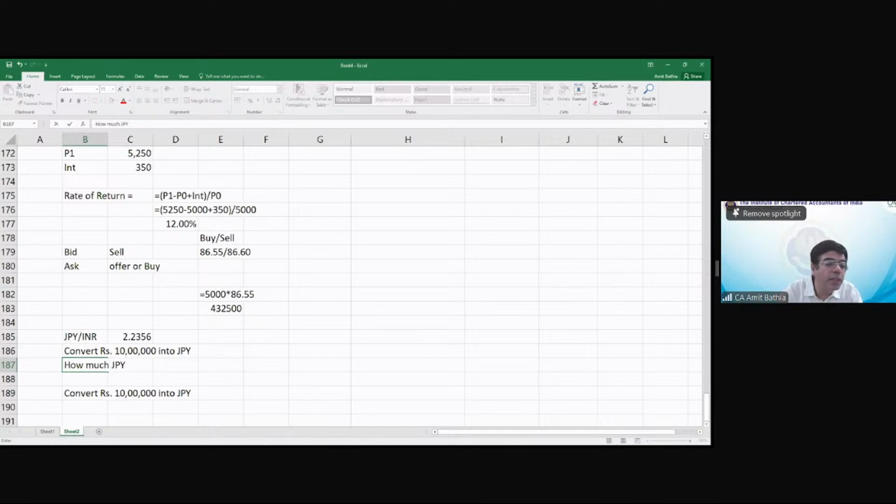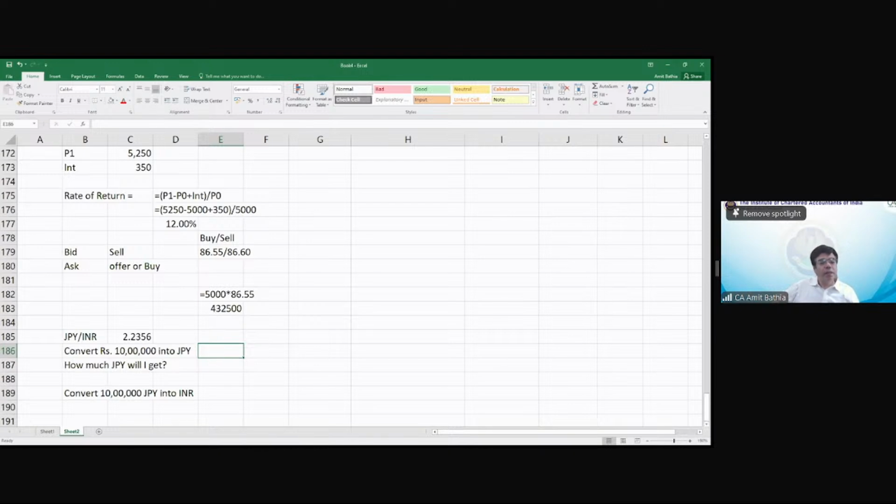How much Japanese yen will I get? JPY stands for Japanese yen. Similarly, the second question is convert Japanese yen into INR. So tell me, how will I go about doing this?